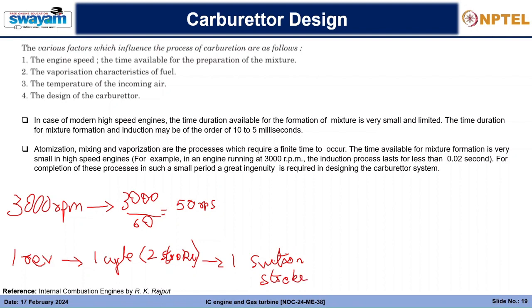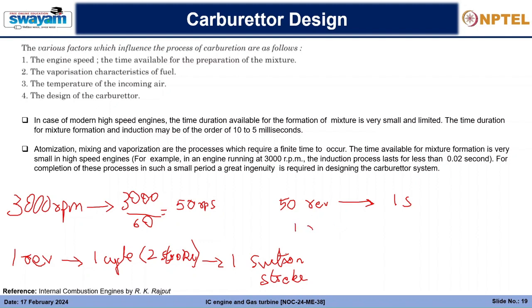Why one suction stroke? In the suction stroke only, we need the air-fuel mixture to enter the cylinder, right? So in every revolution we need the air-fuel mixture to enter, and then we will have to see how much time it has for every revolution or every suction stroke. So we now have 50 rps, 50 revolutions in 1 second. 50 revolutions means 50 cycles in 1 second.